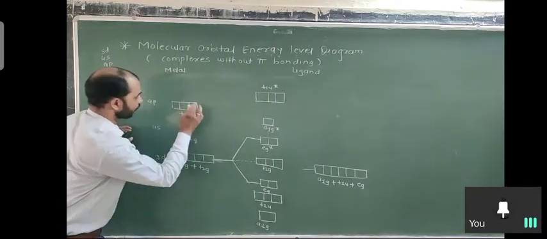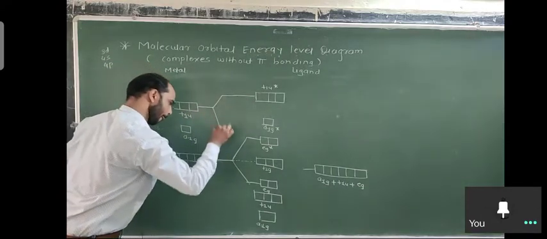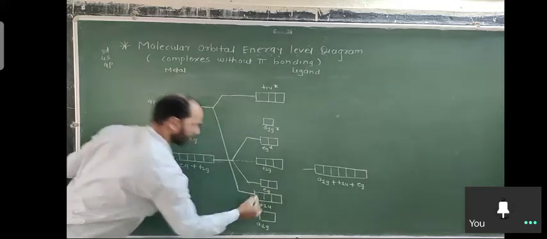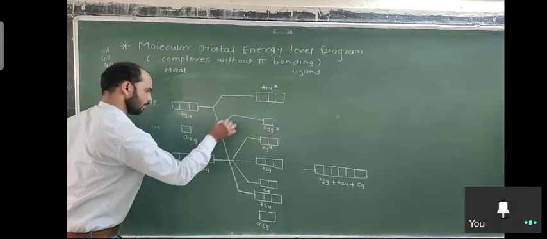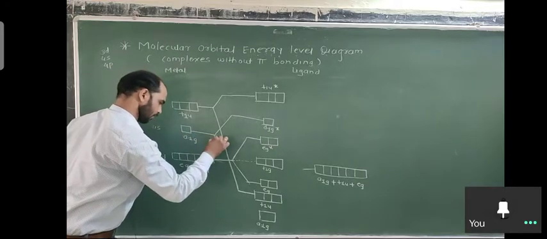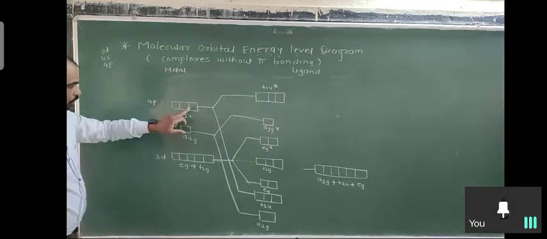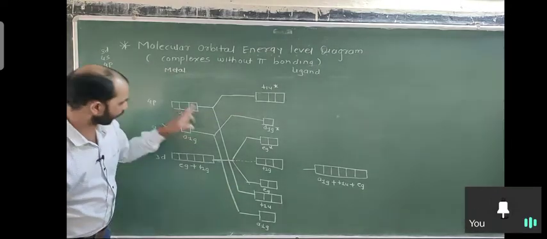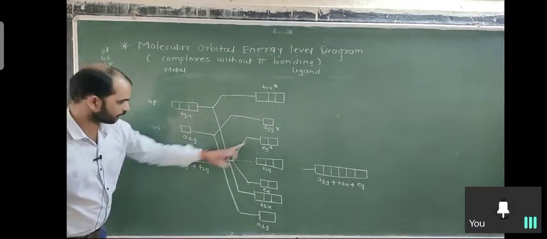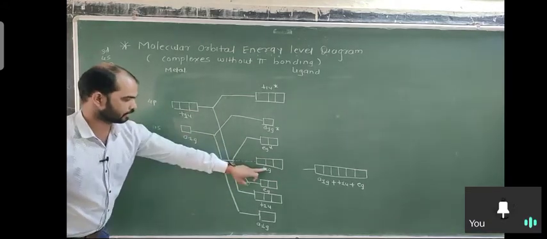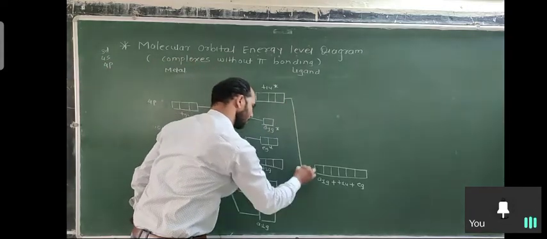Then T1u is here, A1g is here. So T1u attaches here, A1g from this, and this Eg is part of this, T2g is also part of this, and on this side you can attach all the orbitals.